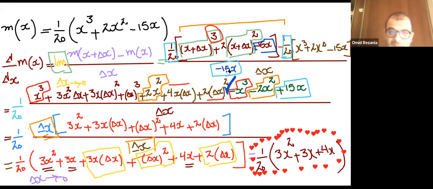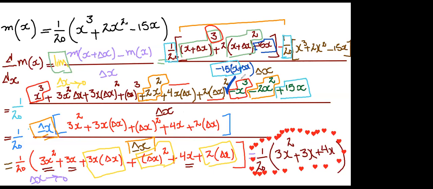Look at this term. I said I just put minus 15x, but I was wrong essentially. I was supposed to just put what? 15x plus delta x, right? Then if you do that, when you expand that term, we have to make some corrections.